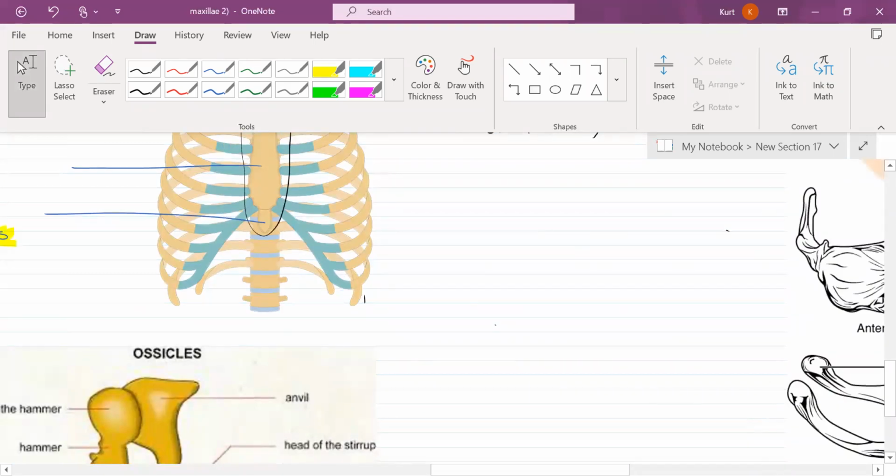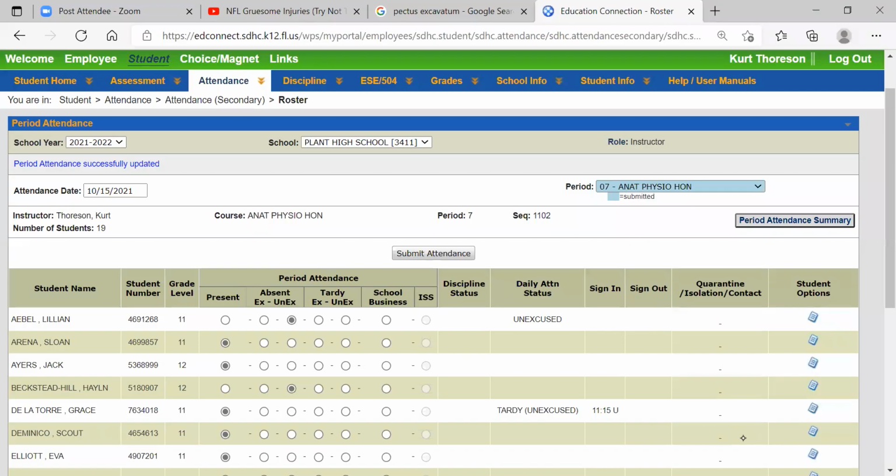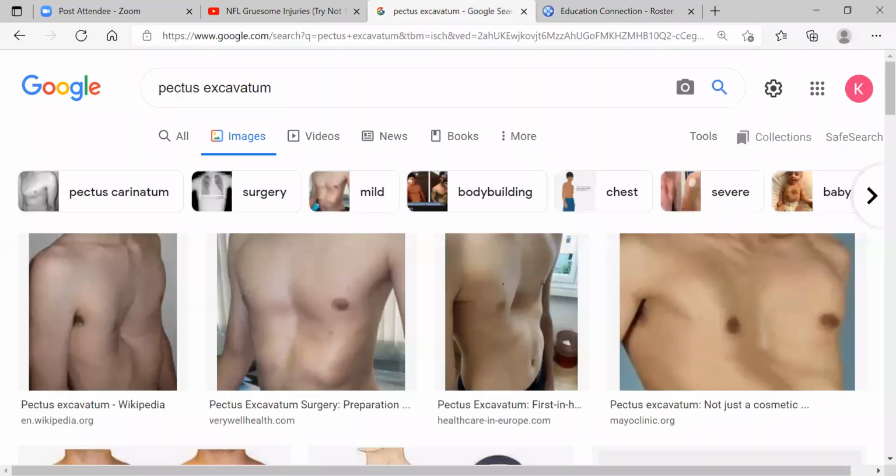Now, there is a condition I bet a lot of you have seen. I grew up with a kid in high school who had it really bad. Someone in here might have it. It's called Pectus Excavatum. When you hear pectus, what part of your body does it sound like it's referring to? Your chest. And excavatum, if I was going to excavate a grave, what am I doing? Kind of digging it up. Well, Pectus excavatum is a condition where you have a deformed sternum or rib cage.